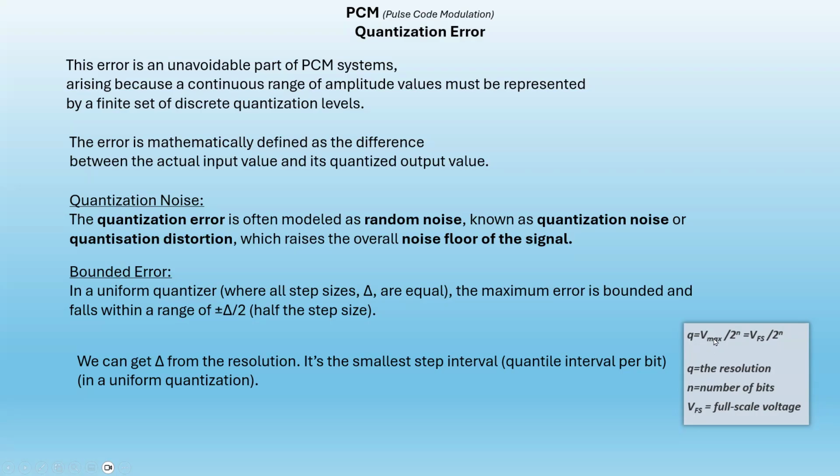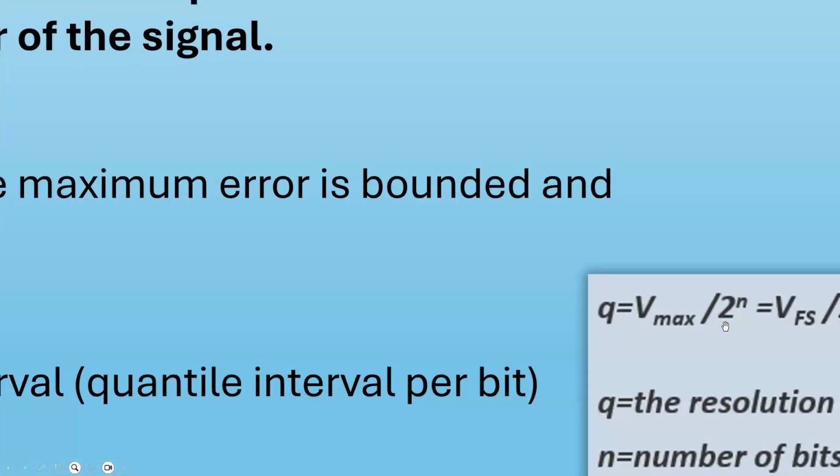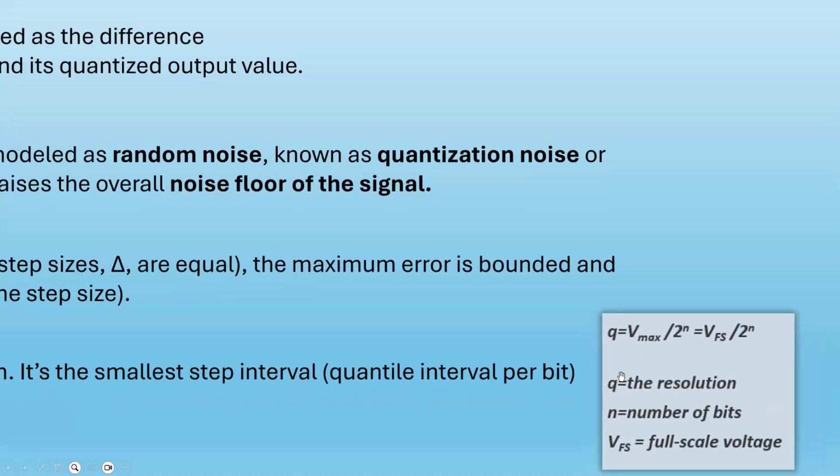Resolution is the Vmax, maximum change that we're noticing in the whole signal, divided by 2 to the n, the bit rate. This tells us how many equal parts we're going to have. So if you have 3 bits, it's going to be divided by 8 different parts. So that's our resolution.